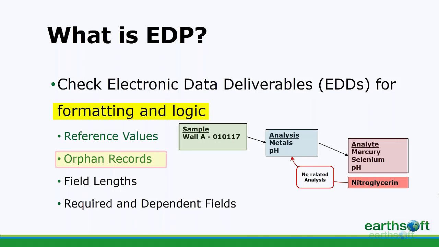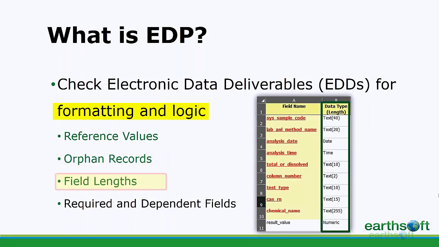In this case, it may be looking for an 8330 or an 8021, but it does not see that. So it's going to throw an error as an orphan record and let the data submitter know that this specific analyte does not have an associated analysis and therefore does not have an associated sample.